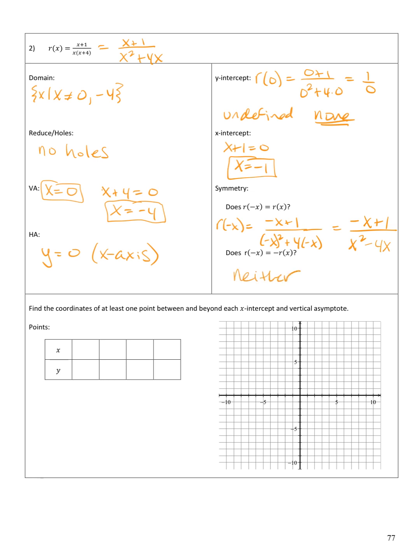All right, let's draw all the things we know so far, and then we will add some points as needed. So I have vertical asymptotes at x equals 0, that's the y-axis, and at x equals negative 4. And I have a horizontal asymptote at y equals 0.